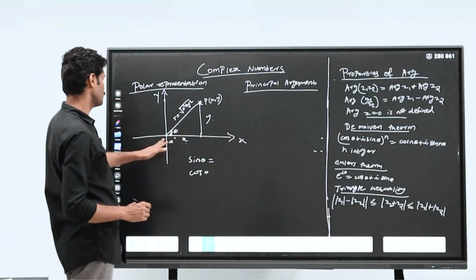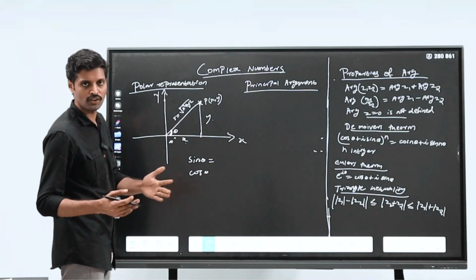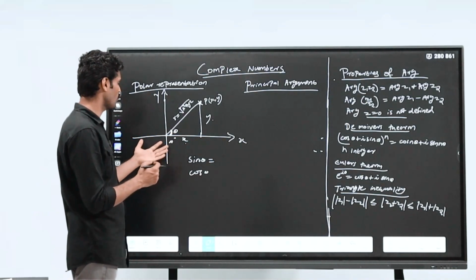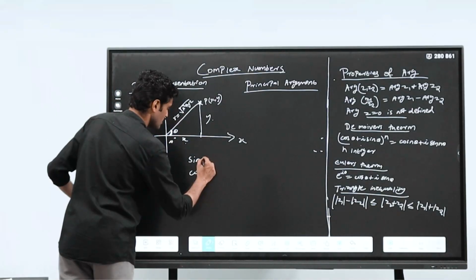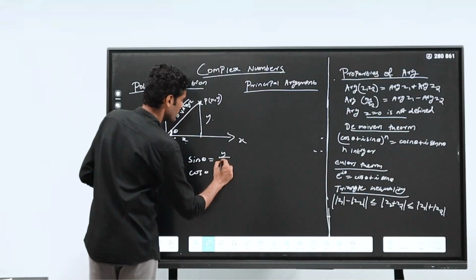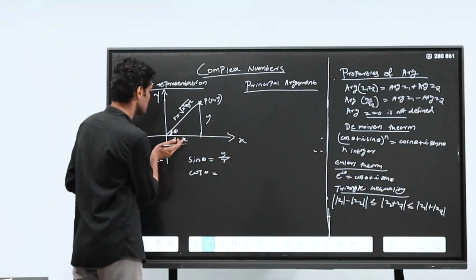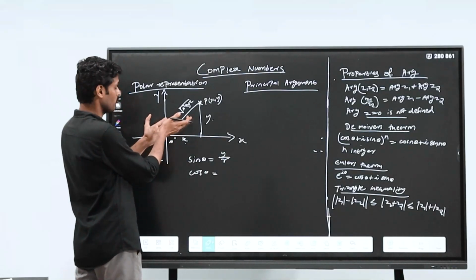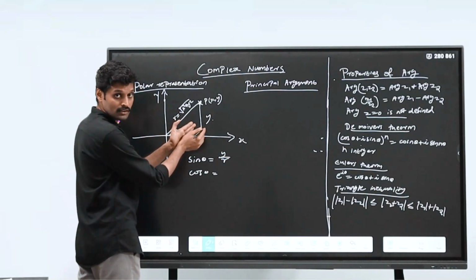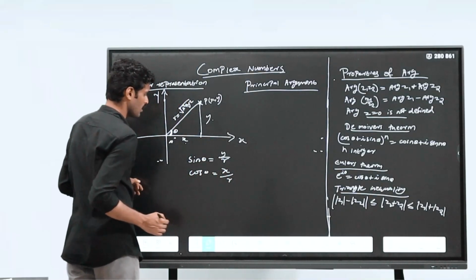Of course, sine theta will always be y over r, and cos theta, the cosine of the angle of this right angle triangle, will be x by r.